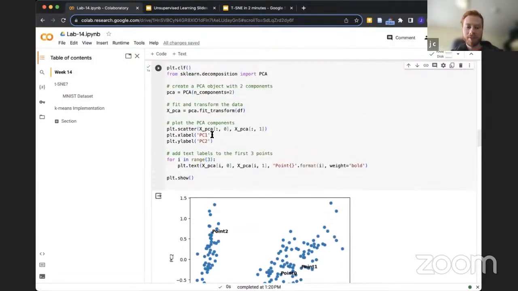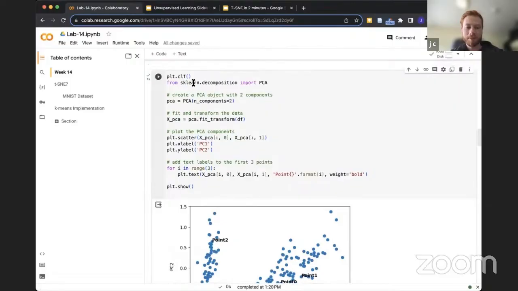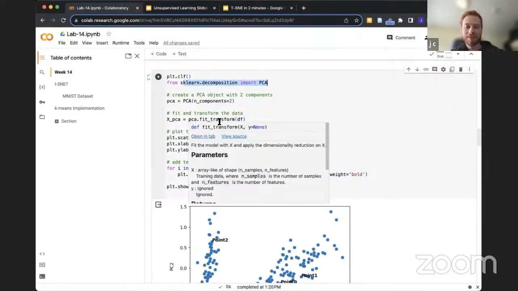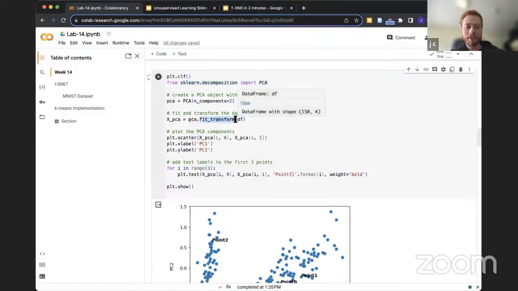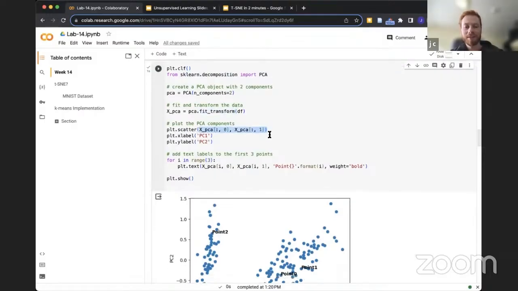Our PCA got him. We import PCA from sklearn, transform the data, and then plot the transformed data. You have seen sklearn before, right?